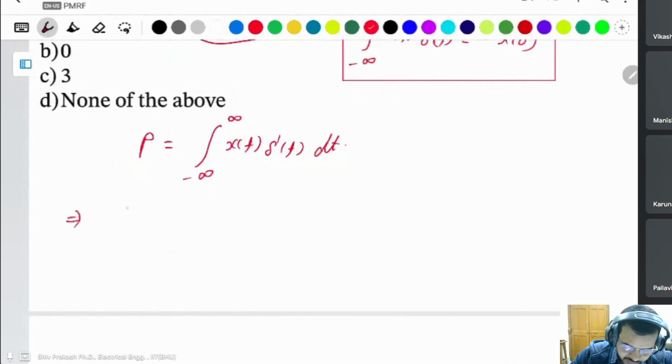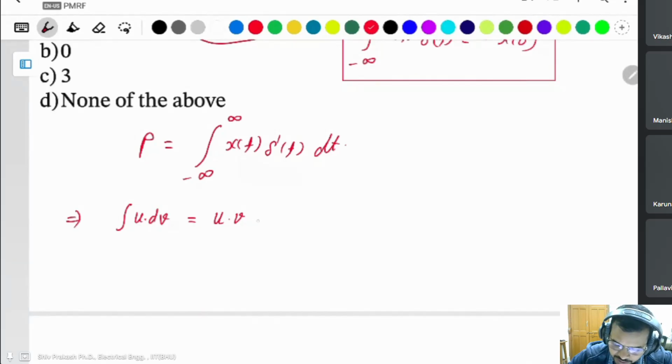You know the integration formula for two variable signals, u and v. This is the u and this is the v. If you integrate dv, because this is also a derivative signal, if you integrate the derivative signal, you get the value signal only.